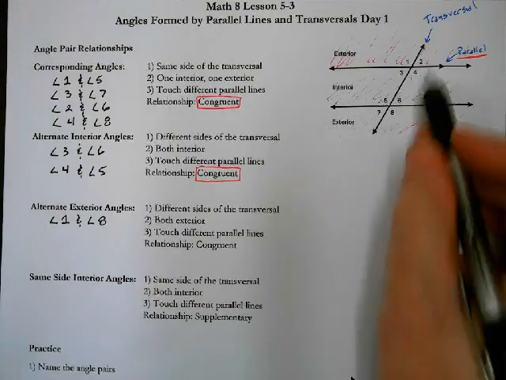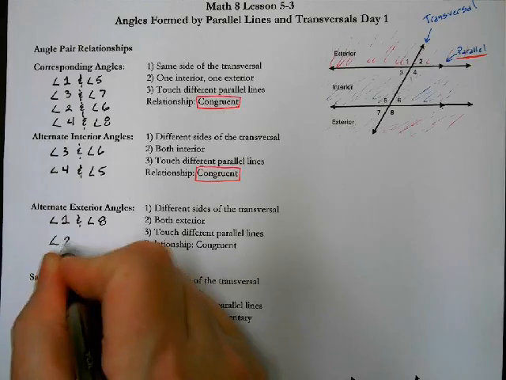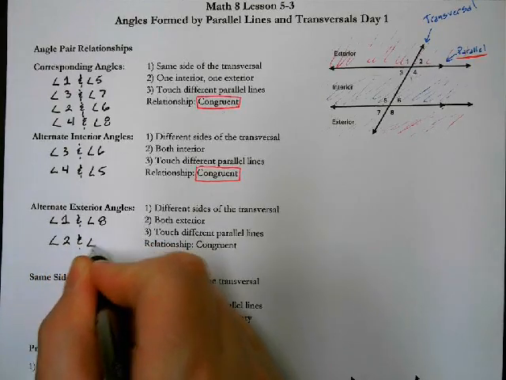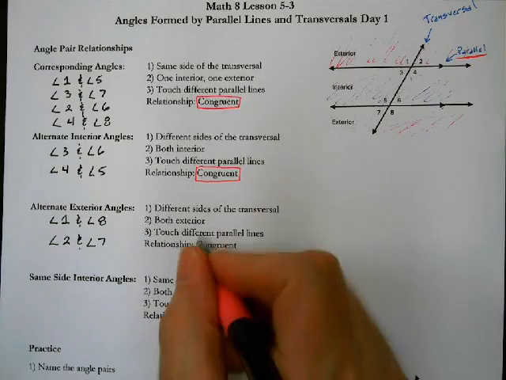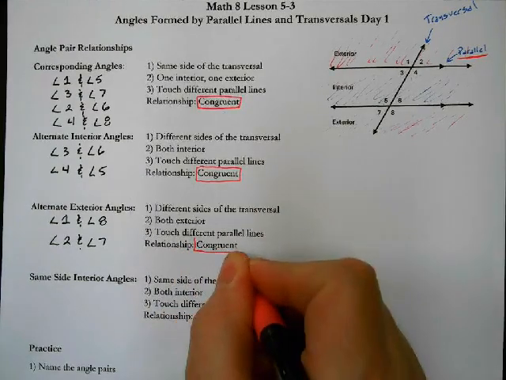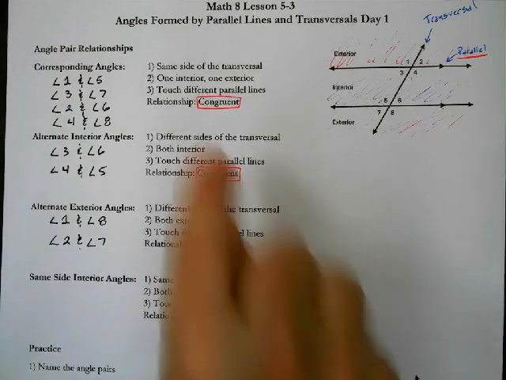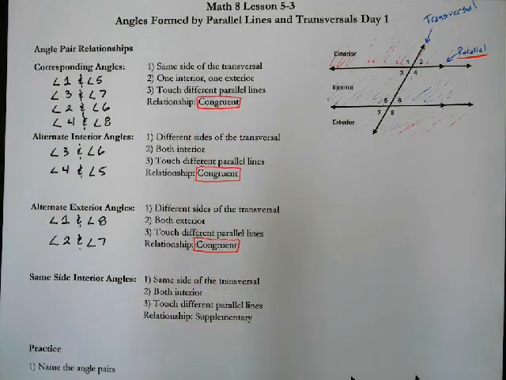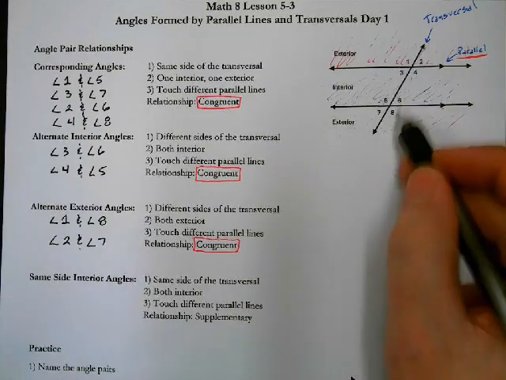And then 2 and 7. Alternate exterior angles are also going to be congruent when the lines are parallel. So these first 3 pairs, we're always going to have congruent angles. Angle 1 and angle 8 are the same measurement.